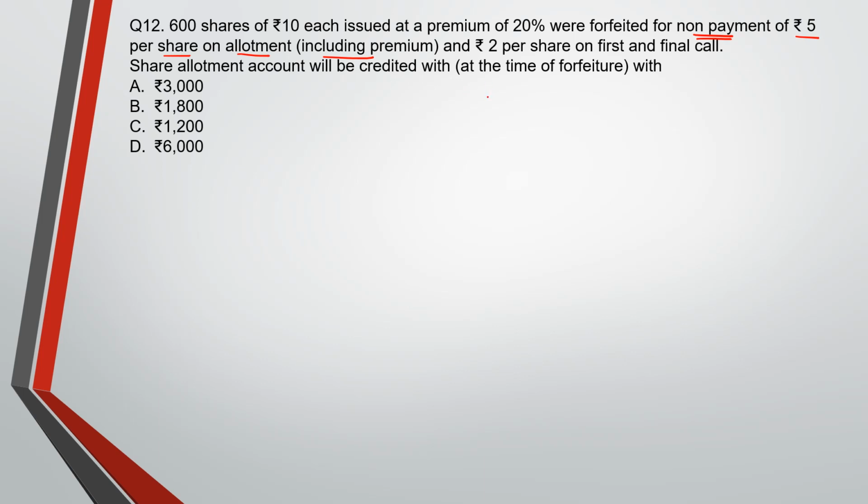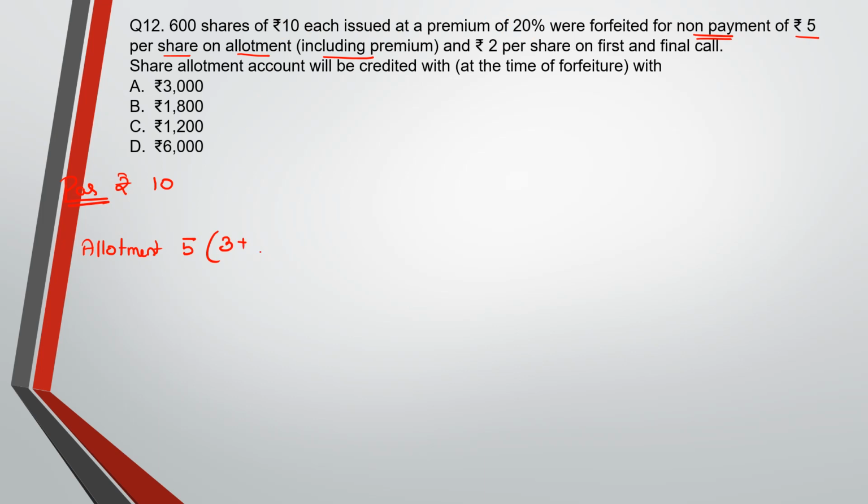So the failure was at the allotment stage, and rupees 2 per share on first and final call. So now here rupees 10 is the par value, and it is being collected in stages. From the information we understand that at the allotment stage 5 rupees is being collected, and it includes premium, 20% of 10.